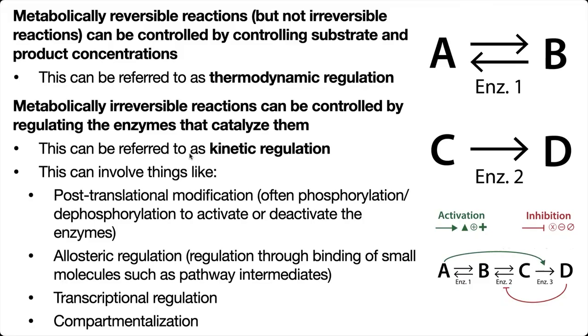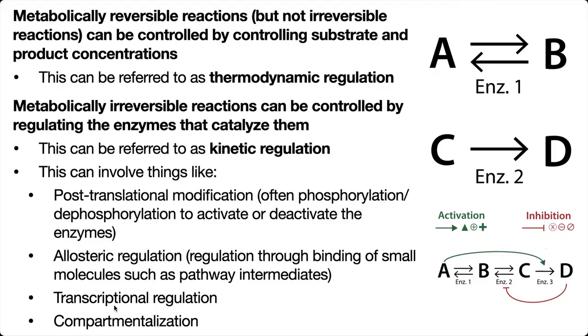This can involve things like post-translational modification, things like phosphorylation, maybe by signaling pathways, as well as allosteric regulation, where we have small molecules that are binding and influencing the activity of the enzyme. So you've got a little molecule bind to you, and that molecule makes you have a conformational change, a shape change, and that's going to influence your activity.